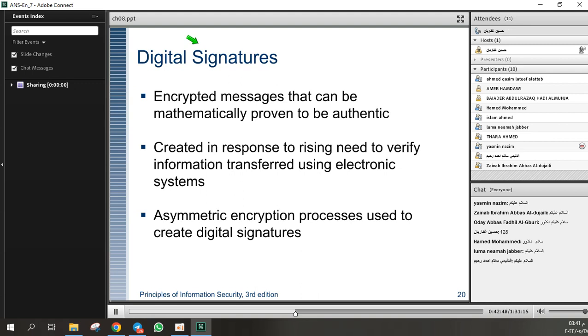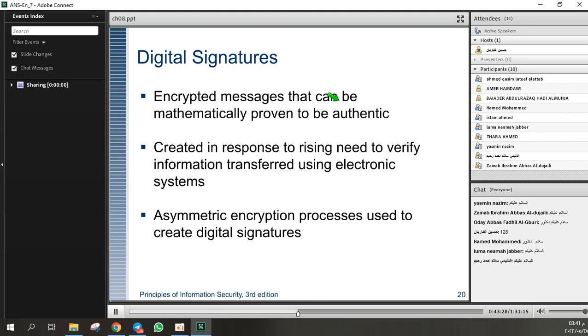Okay, so digital signature is one of the main elements here. What is a digital signature? We know that the encrypted message can be mathematically proven to be authentic. It's something similar to a manual contract. In a manual contract, you must sign the bottom of the contract. Okay, I agree to this contract, so I sign it.